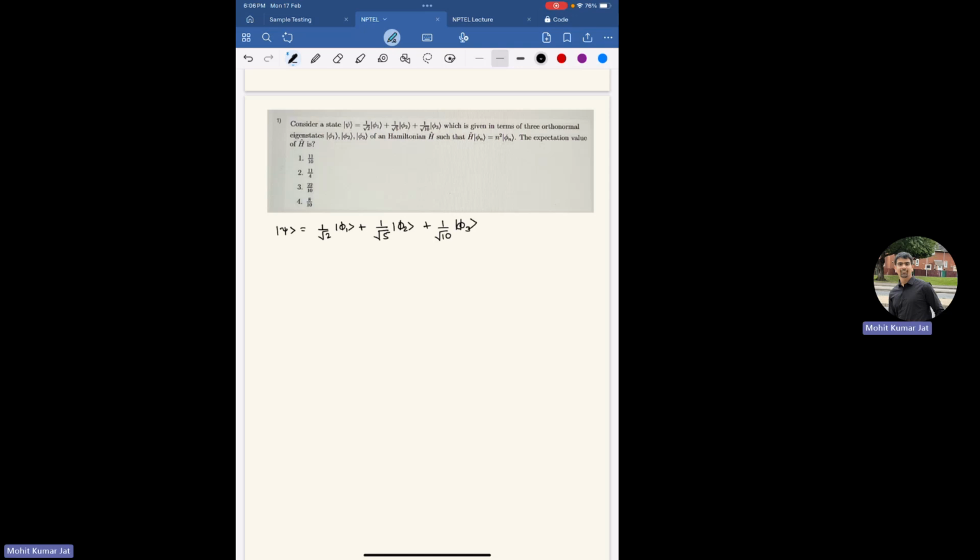So this is the given wave function, which is a combination of three different wave functions, phi 1, phi 2, and phi 3. And the question says that the three wave functions, phi i's, are orthonormal to each other.